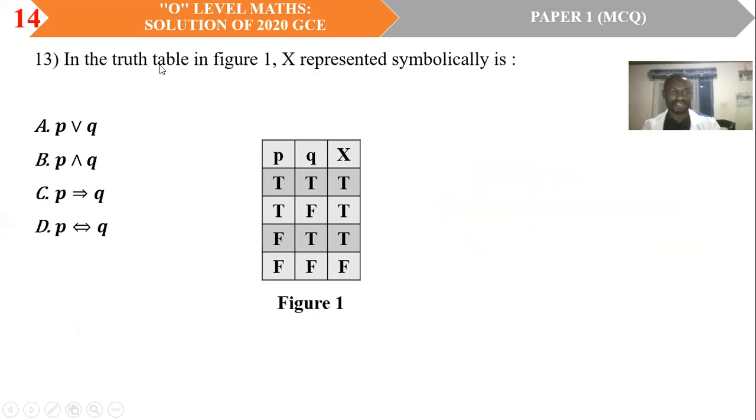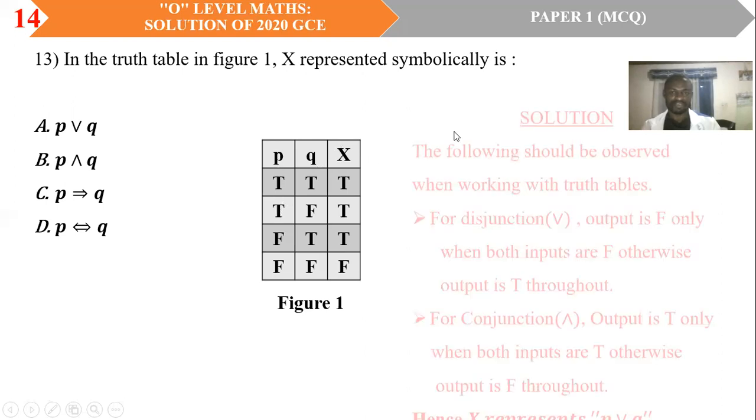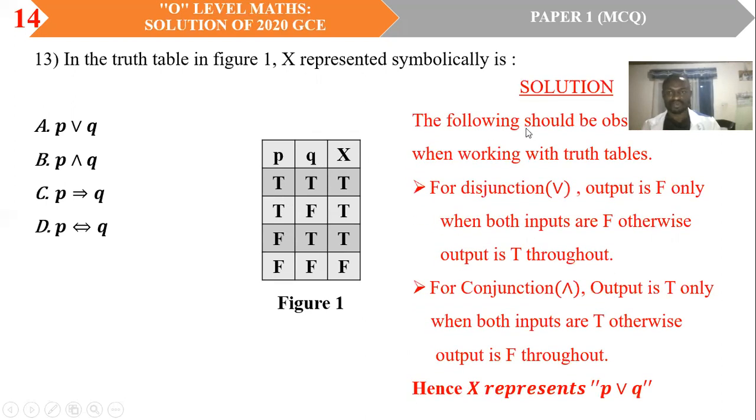Question 13. In the truth table in figure 1, X represented symbolically is? This is X, this is the truth table. Now, the truth table of two statements is always made up of 4 possibilities. Solution. The following should be observed when working with truth tables.